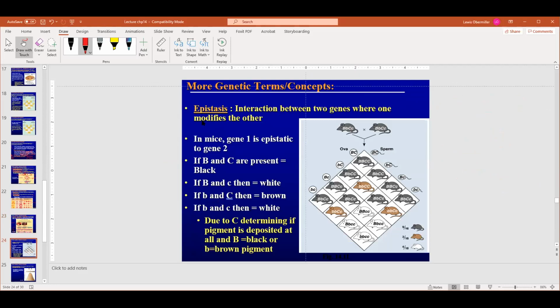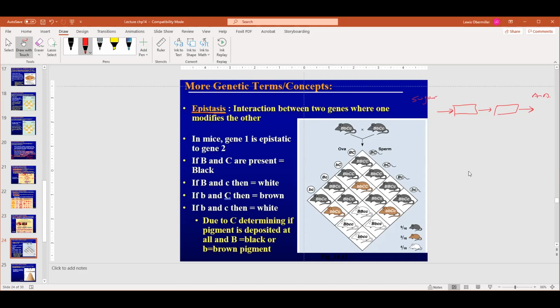Epistasis. So epistasis is where you have two genes working together in a pathway. This is common, and we kind of talked about this with Roundup. There's multiple genes that are needed to convert sugar into amino acids in plants.